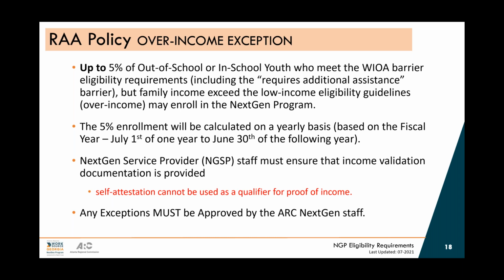If you're not out of school, if you're not a dropout or an ex-offender or something, then never fear. As long as you can prove you're low income, then we could possibly get you in the program as something else. And if you might be over income, well, that's okay. Hold on, because we might still be able to get you approved. We just have to go through a little bit more steps. So there really shouldn't be too many reasons that you have to turn people away.